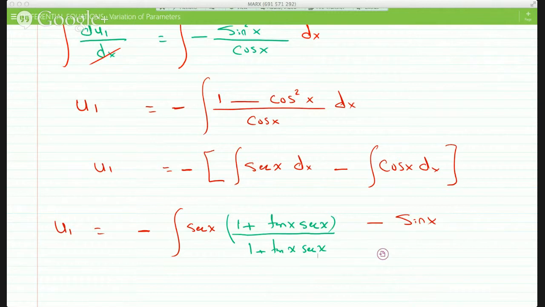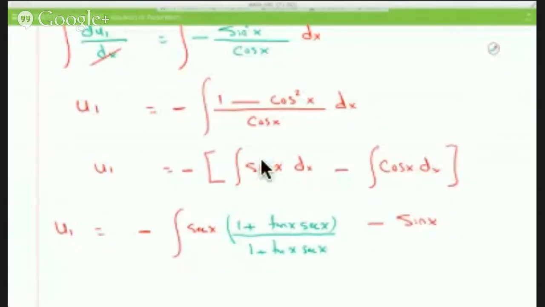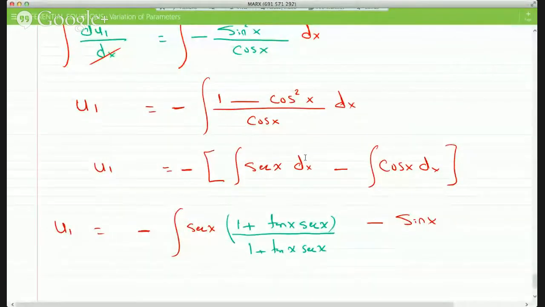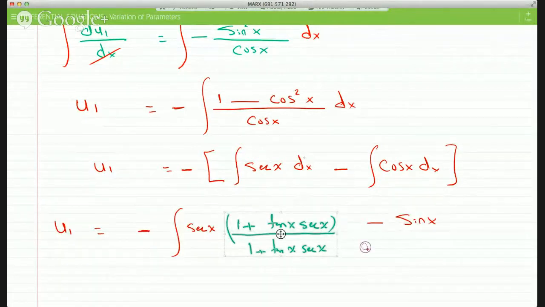No, it's secant plus tan. I remember now. It's secant plus tan. We multiply it by secant plus tan. Let me erase this. Show you why.